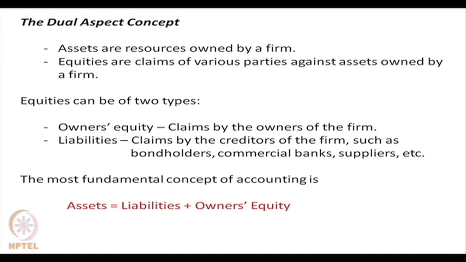So, basically assets equal equities, and equities can be of two types: owner's equity, that are the claims by the owners of a firm, and liabilities that are claims by the creditors of the firm.